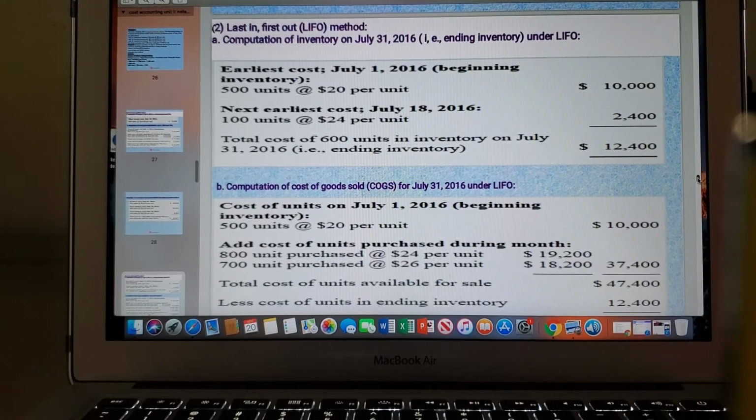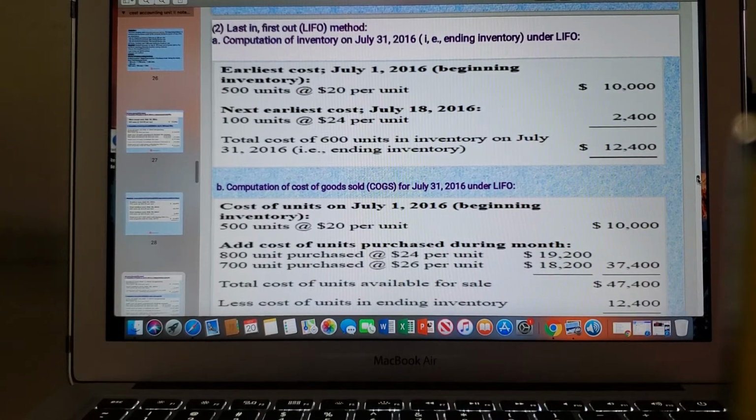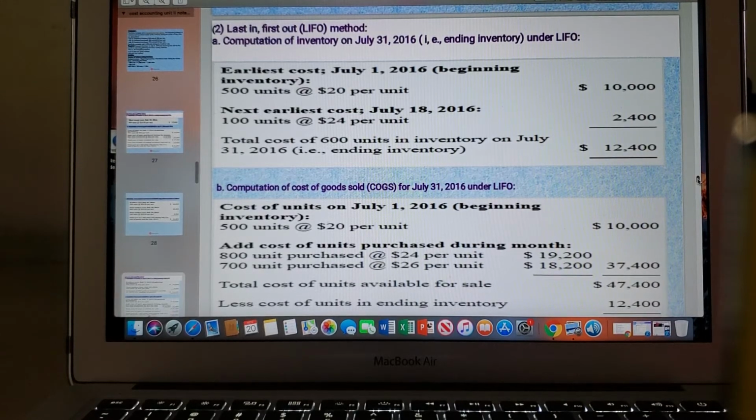So here we are going to do a computation of inventory on July 31st, 2016, that is ending inventory under LIFO. So this is A. Here, earliest cost, July 1st, 2016, beginning inventory, that is 500 units at $20 per unit comes to $10,000.